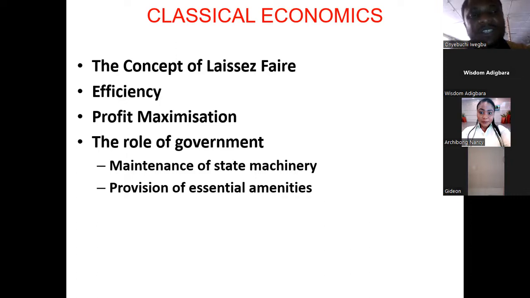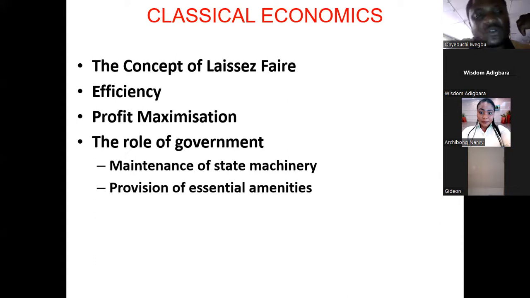That was the assumption in the free market economy. So the means of production principally rests in the hands of the people. That means the government does not have a role in production. That free market economy is what translates to the classical school of thought.